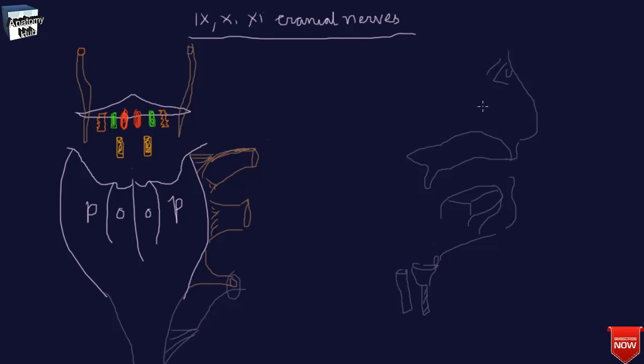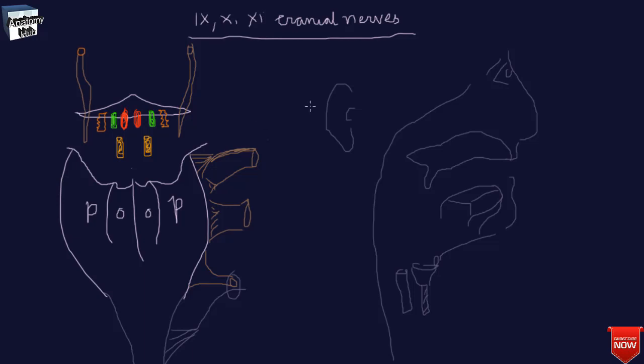This whole is your pharynx, the pharyngeal wall, and here we'll find the external ear. Now we'll bring the cranial nerve fibers to all these targeted areas.